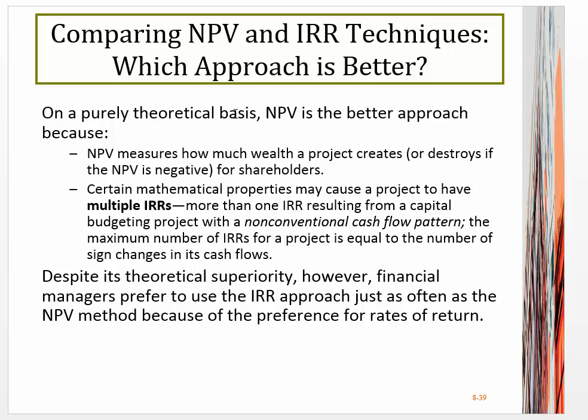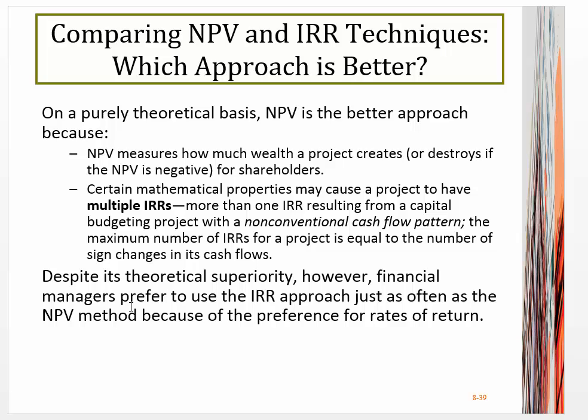On a purely theoretical basis, net present value is the better approach because it measures how much wealth a project creates. It uses the proper reinvestment assumption for cash flows. Despite its superiority, though, financial managers prefer to use the internal rate of return just as often as net present value.